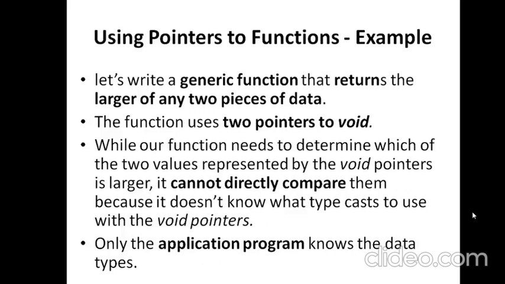So the original logic where we find the larger of the two numbers will be implemented as generic code, and the one that calls this will determine what data type it wants to pass. Accordingly, the larger function will become customized to a particular data type, and it will find the larger of the two values.